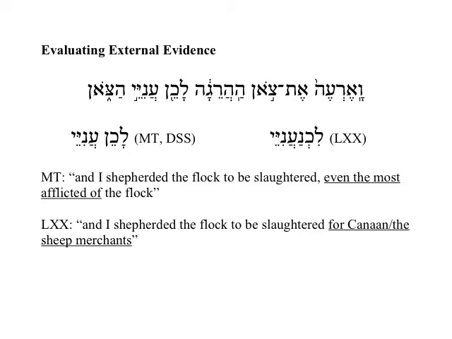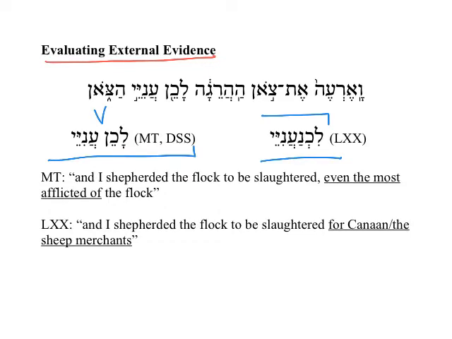Now, the next steps after decoding the BHS and or BHQ apparatus is to evaluate the external evidence. And so I'm not going to do a full-blown evaluation here, that's handled elsewhere, but just to give a preview of the next steps. So again, we have kind of two different, very ancient ways to go. One separated into two words, the other is the single term.